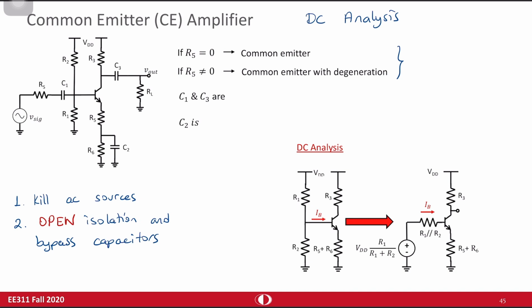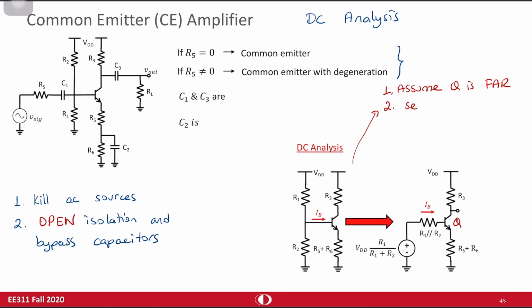You can further simplify it, like R5 and R6 are in series, so they are shown as a single resistor. We can do further simplification by using Thevenin equivalent. So this part can be given by this simplified part. In this analysis, the first thing, let's name it Q, assume Q is in forward active region.